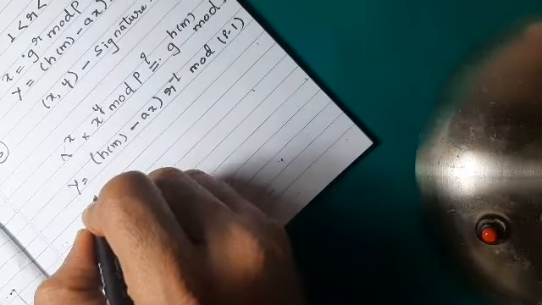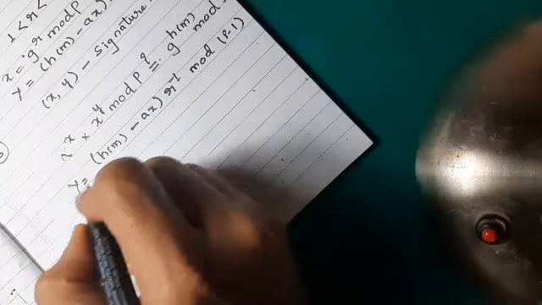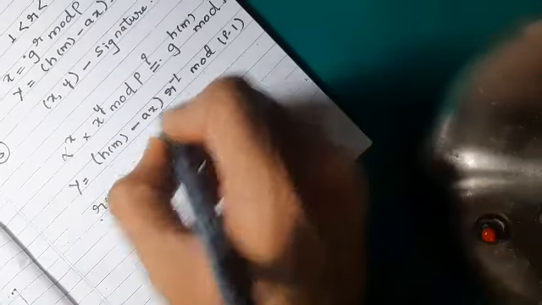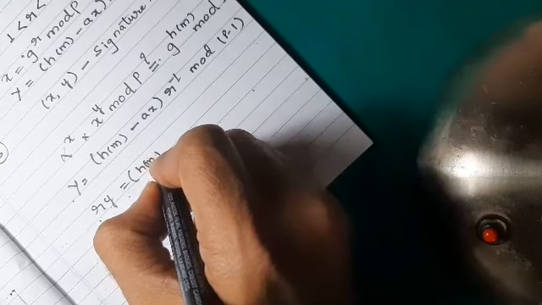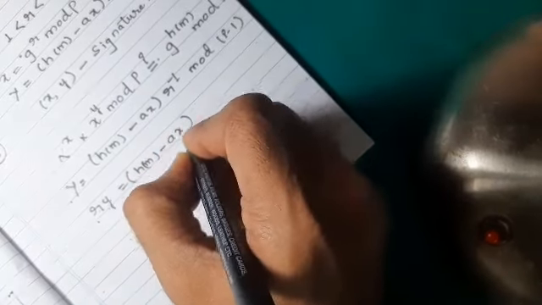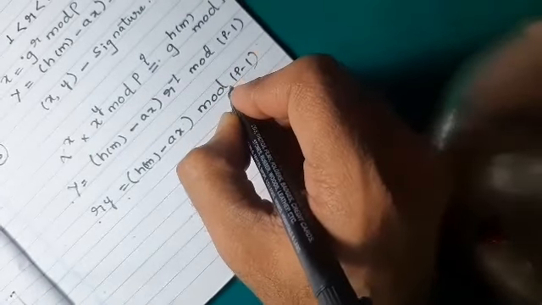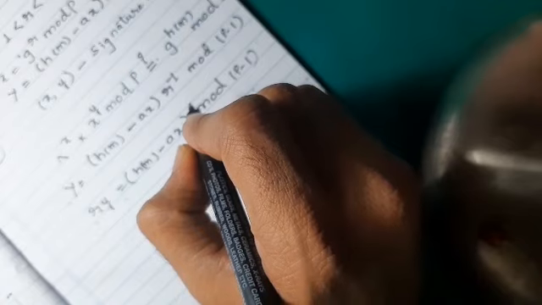Then ry, I rewrite this equation as I take this inverse on this side, it becomes h(m) minus a of x mod p minus 1.